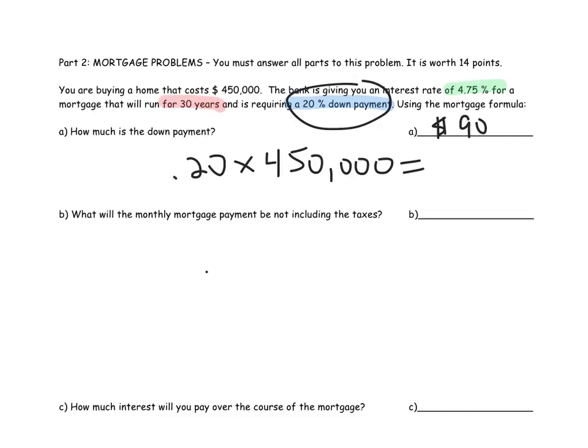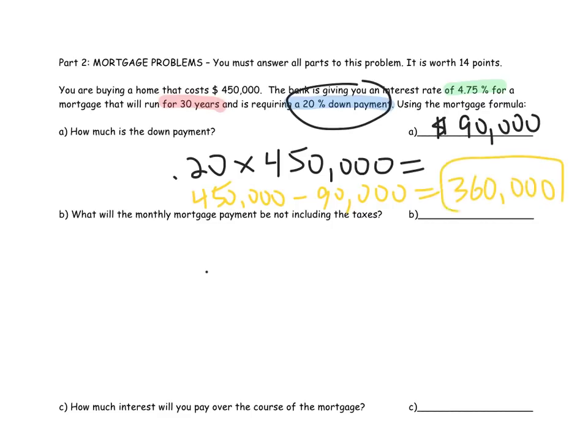So the down payment for this house is $90,000. The good thing is, the house is $450,000 and you had a $90,000 down payment, so the rest of the money, this $360,000, that's going to be the amount of money that you're going to be using when you use the mortgage formula.